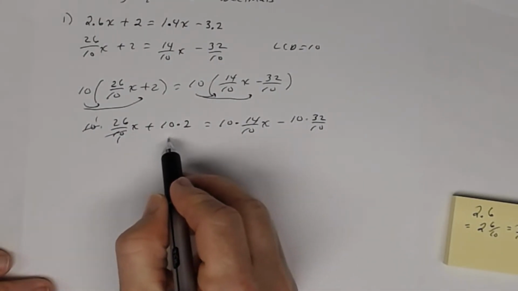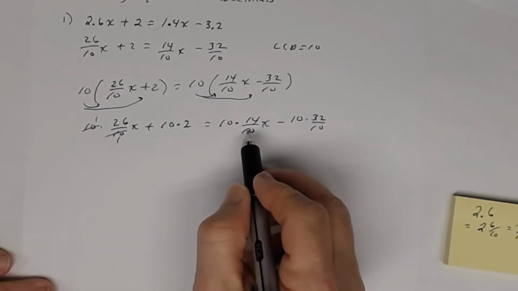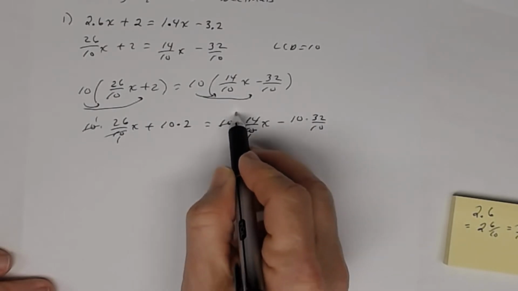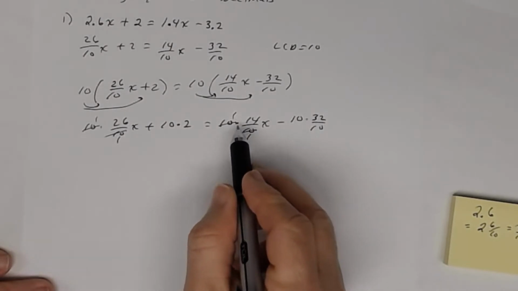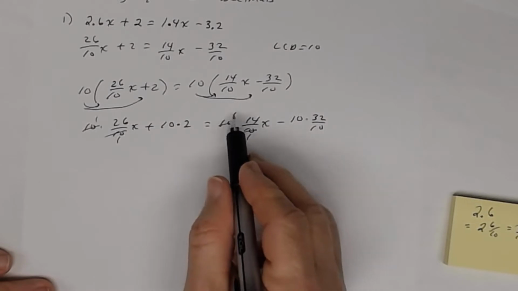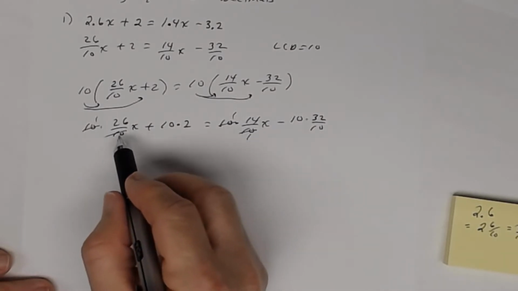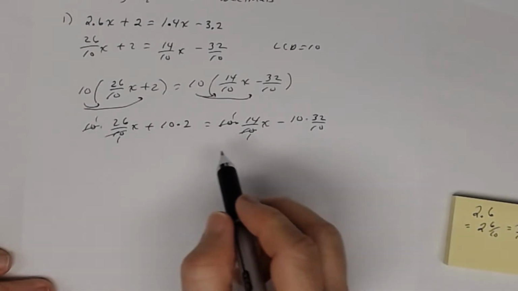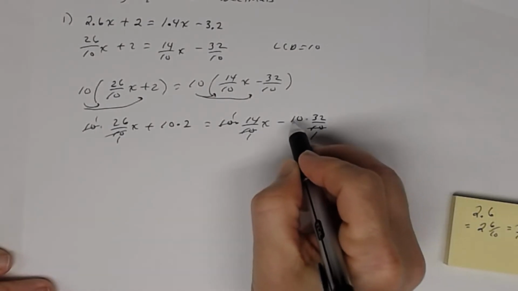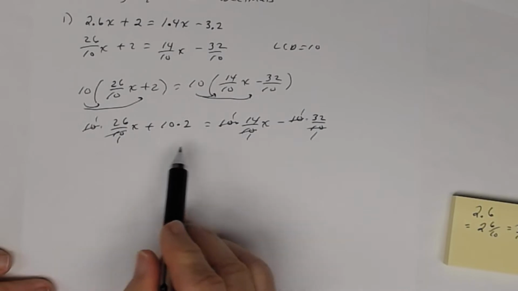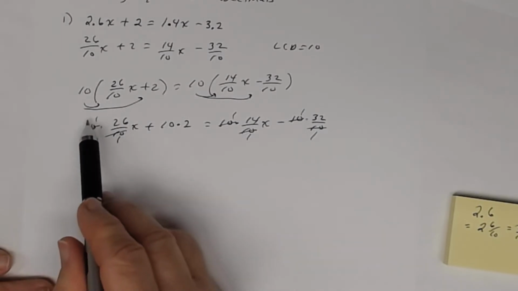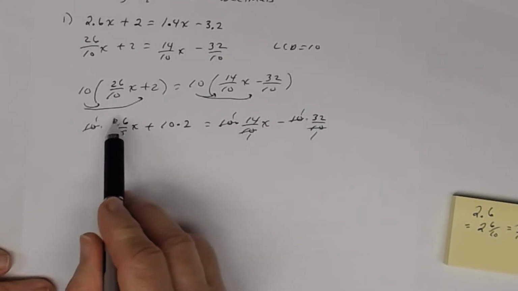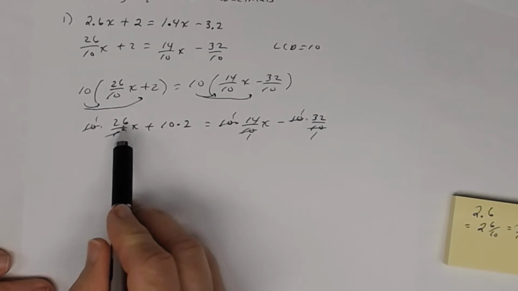All right, over here my denominator is already a 1. Over here, though, I can reduce. 10 over 10 is 1, 10 over 10 is 1. So notice you've got to make sure you put factors of 1 here, just like we did here. Don't just cross them out. Make sure you put 1s, because that's what that really means. And now we're going to simplify what we have at this point. 1 times 26x, because 26 over 1 is 26.